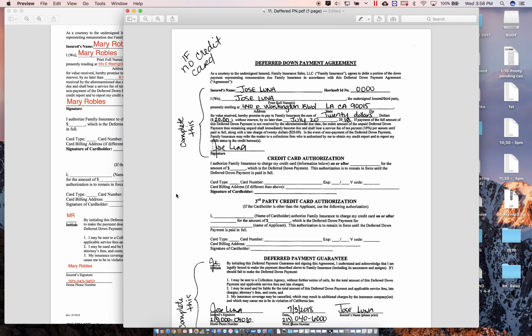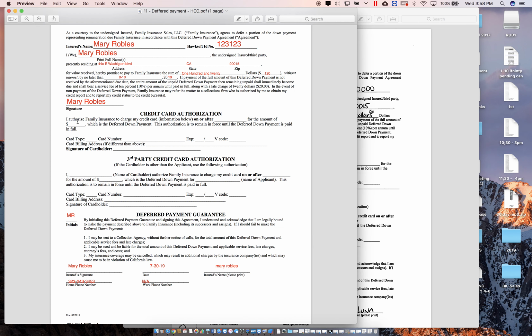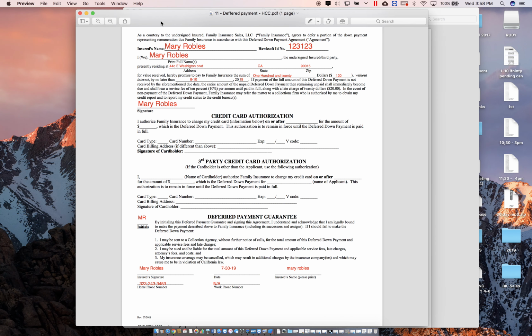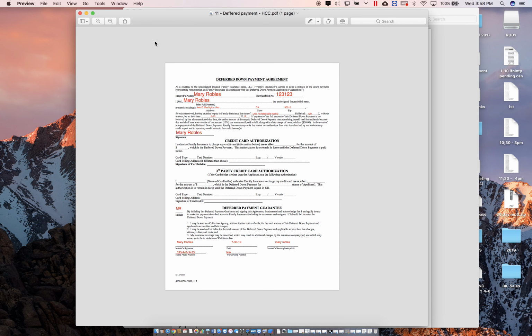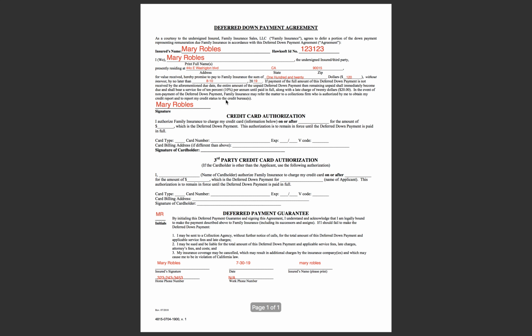If a third party is going to use and authorize use of their credit card, then the third section will be the one we fill out. So once again, let's look at the form. This document, the deferred down payment, is used only if there's a balance.